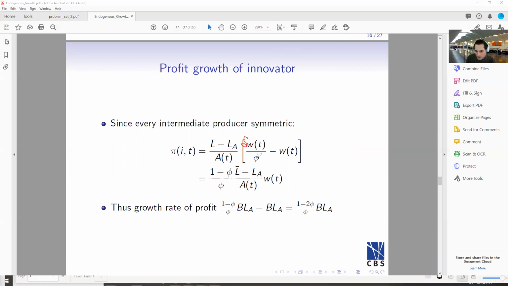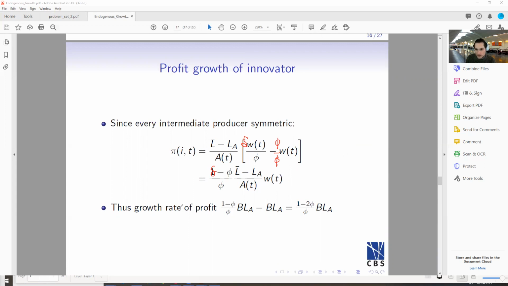We'd have to derive this equation, but it's the same except this is going to be delta. This is the same as phi divided by phi, right? So now we have delta minus phi divided by phi times wage times this output. The only change here is we've got delta instead of 1.